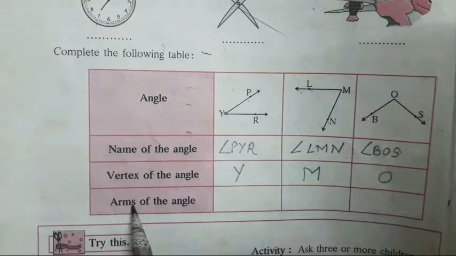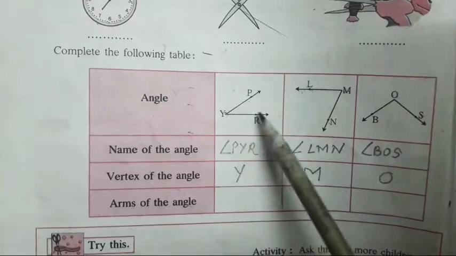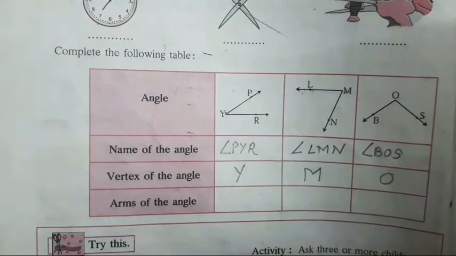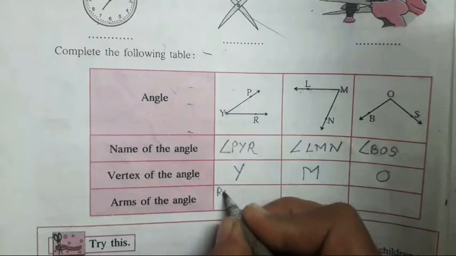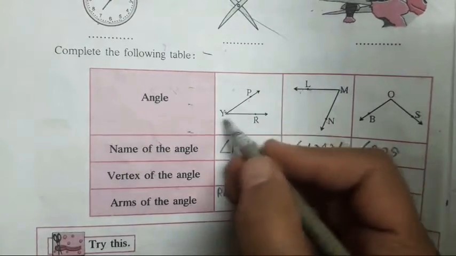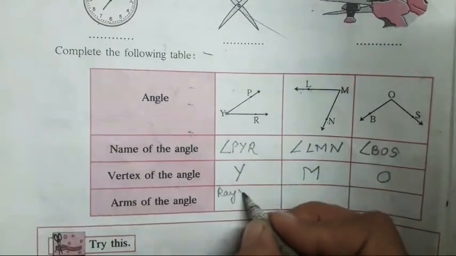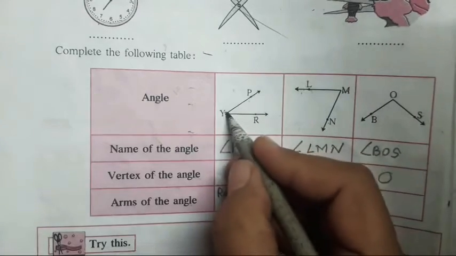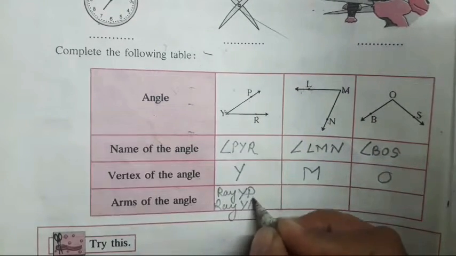Now next is arms of the angle. Arms. Now what are arms? These are supposed to be the arms. So how are you going to write the arms? Ray, because it looks like a ray, isn't it? So therefore you all have to write ray YP, and then another ray is ray YR.